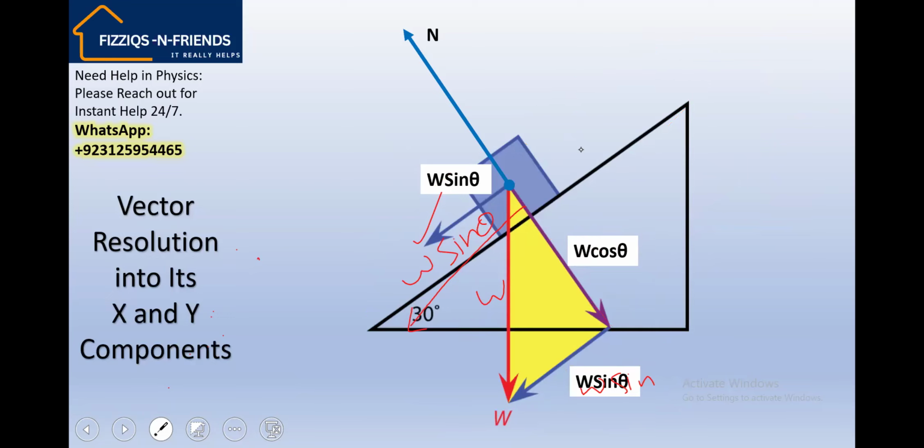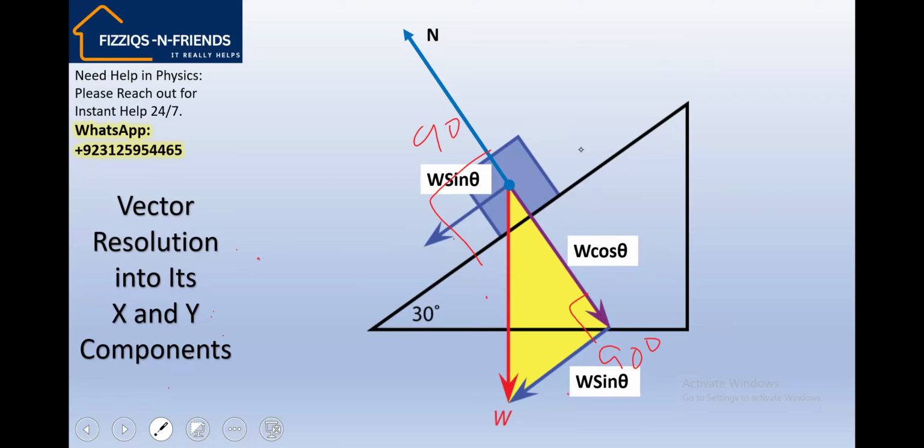So this is the summary of what we have learned. We have learned that we can divide the vectors into two components. Here, when a body is moving on an inclined plane and it is coming down, the normal force is always acting at 90 degrees to the surface. And here, the weight has two components which are at 90 degrees to each other. I have told you that when you divide a vector into two components, the two components are always at 90 degrees.